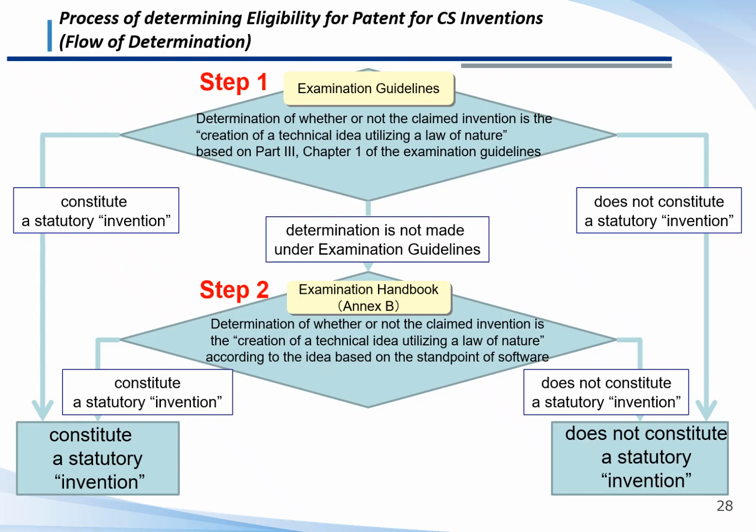If, based on the general approach, a determination is made on whether or not the claimed software-related invention is a creation of a technical idea utilizing a law of nature, the examiner does not proceed to the subsequent step involving the idea based on the standpoint of software. If not, the examiner shall make a determination according to the idea based on the standpoint of software. When making the determination, the examiner reviews whether or not the claimed invention as a whole is a creation of a technical idea utilizing a law of nature, irrespective of part of matters specifying the invention in the claims.